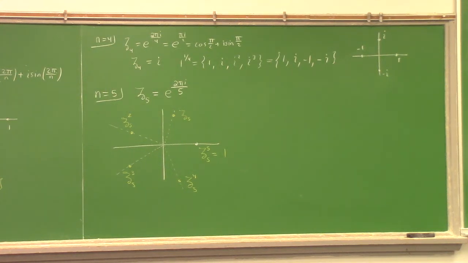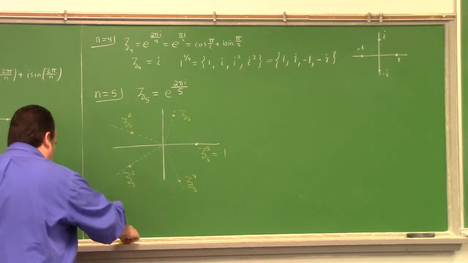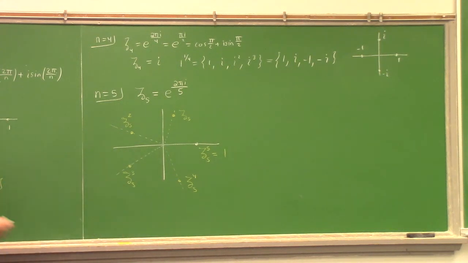And so this is very weird, right? Relative to your experience with real variables, because you've been taught before: what is 9 to the 1/2 power?